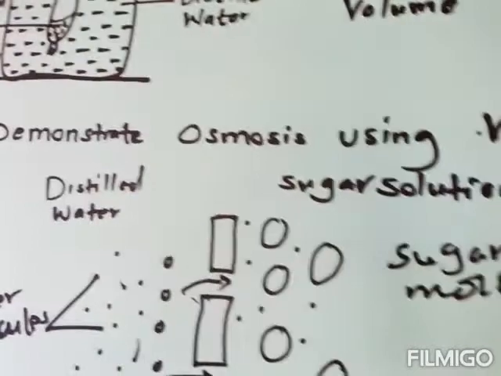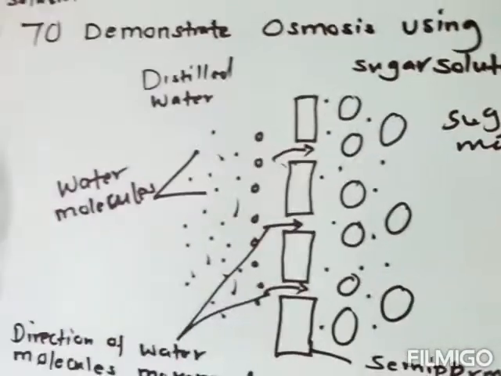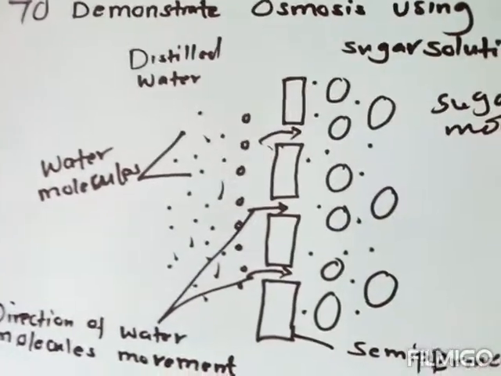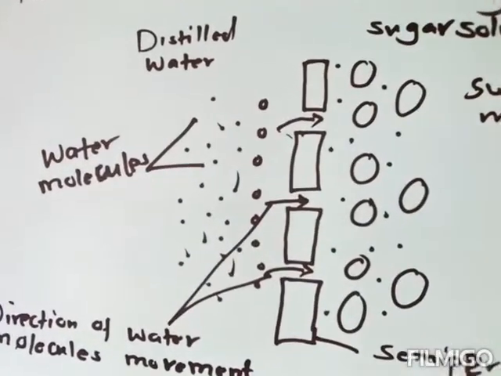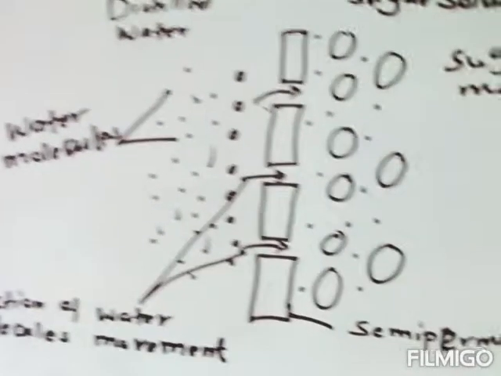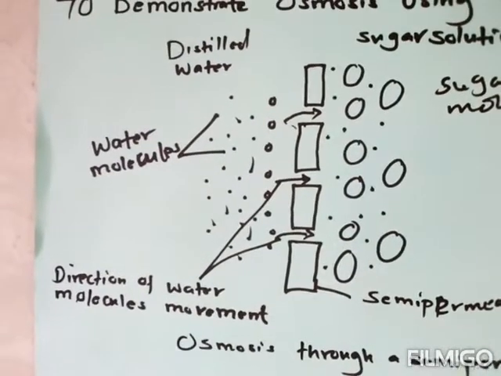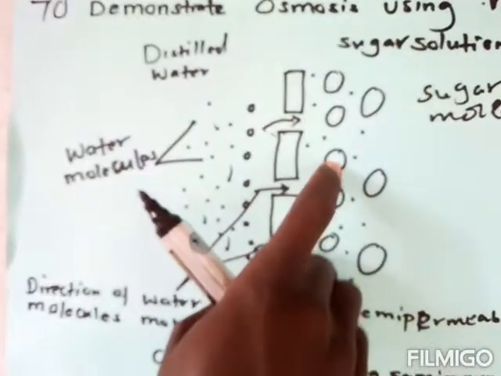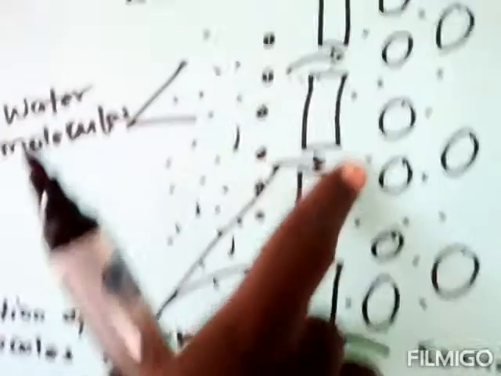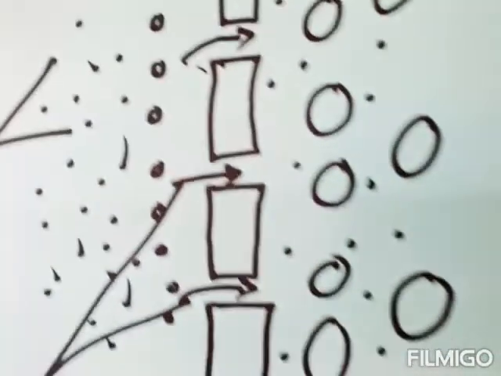And the process will continue until there will be an equilibrium such that the concentration of the two sides of the solution will be at equilibrium. Now you realize that the sugar molecules cannot pass across the semi-permeable membrane because of their size.